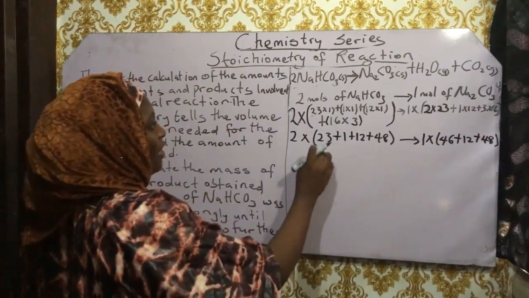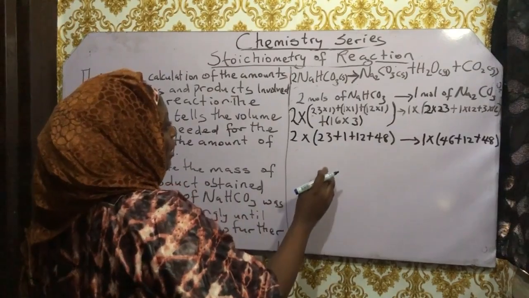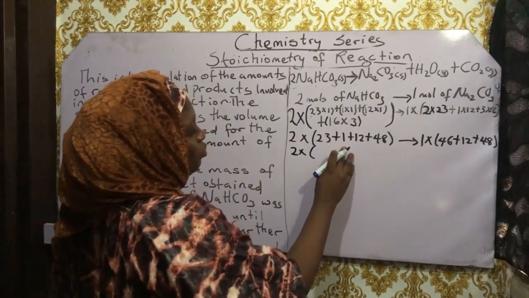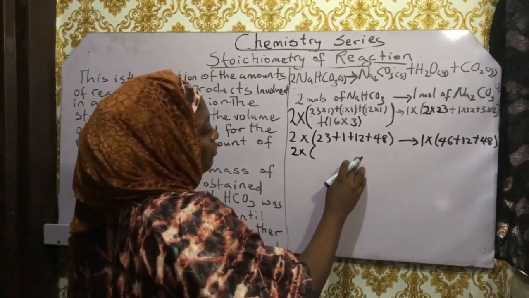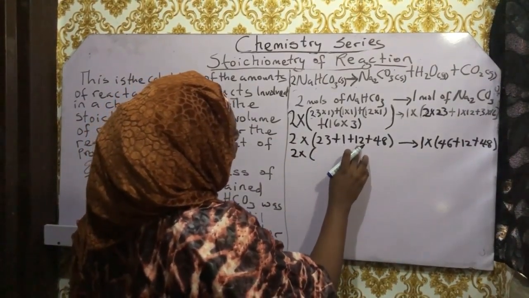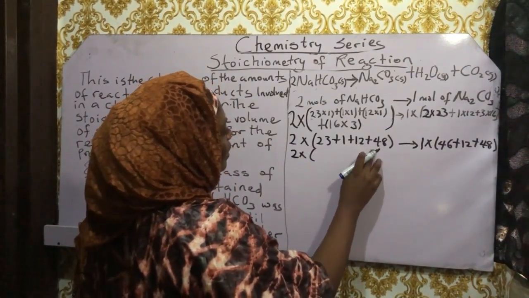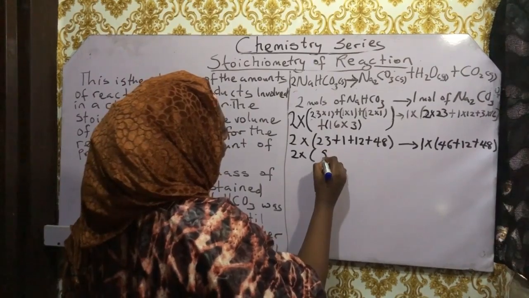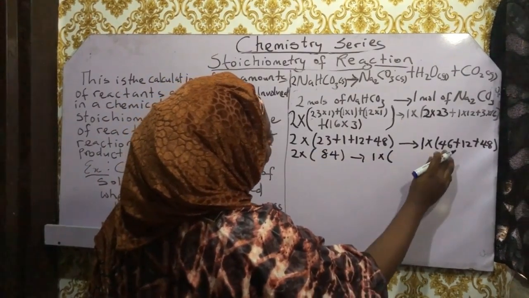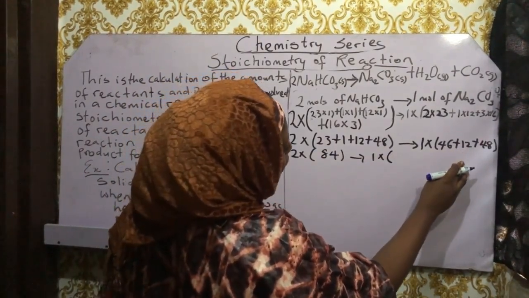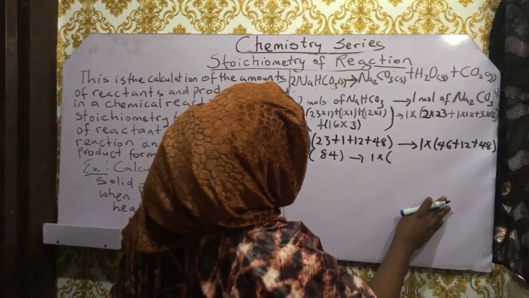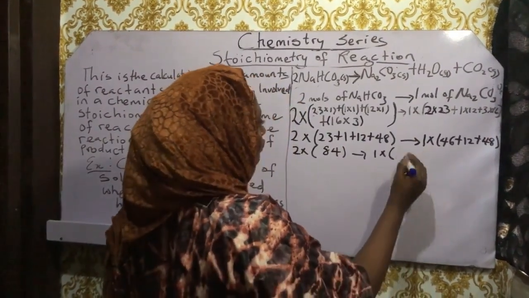So let's calculate the mass of NaHCO3. 23 plus 1 gives 24, 24 plus 12 gives 36, and 36 plus 48 gives 84. For Na2CO3, 46 plus 12 gives 58, and 58 plus 48 gives 106.